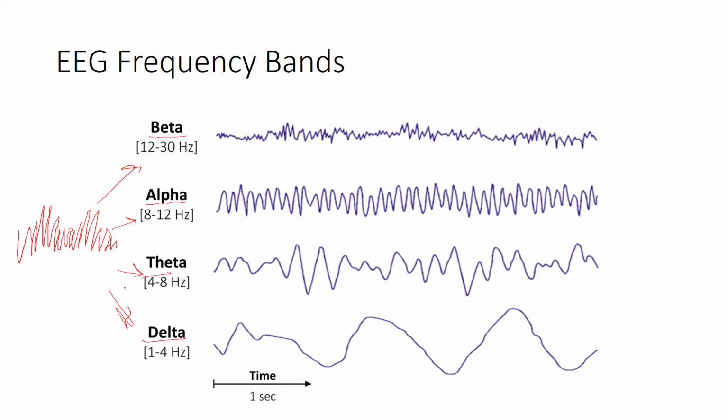Let's say you need to identify the power, how much delta you have in the signal, how much theta, and alpha and beta, and so on.